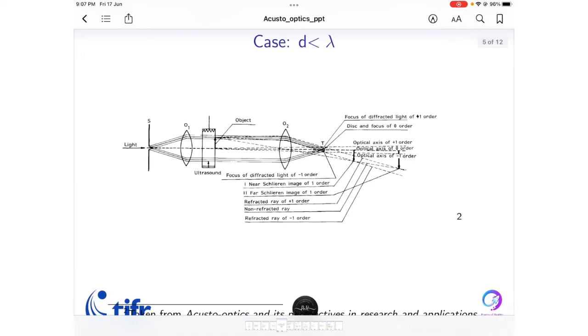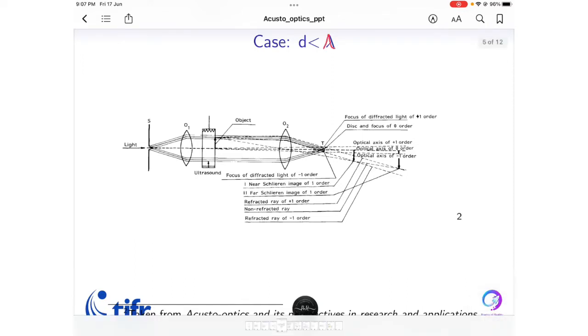Next is d less than lambda, sorry, this would be uppercase lambda. So the light is just falling on the crystal. We use a lens just to collimate this beam, and it is falling on the crystal.